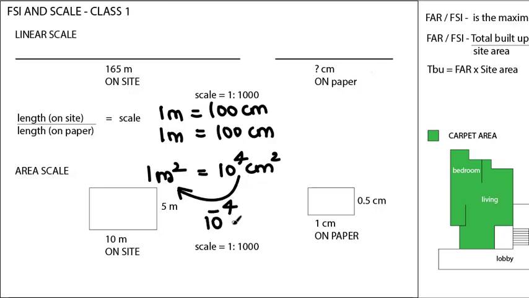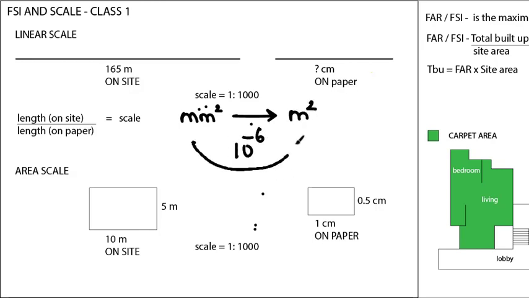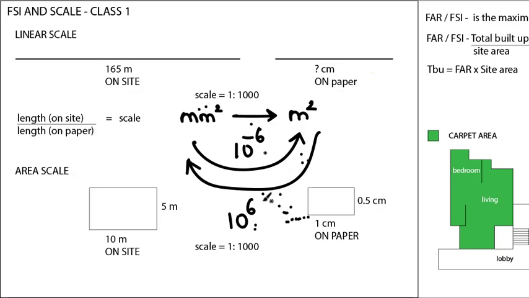So 10 raised to minus 4 meter square is equal to 1 centimeter square. So if you have to convert centimeter square to meter square, you have to multiply with 10 raised to minus 4. Okay. So similarly, you can do it for mm square to meter square. So you have to multiply by 10 raised to minus 6 if you are going this way, and if you are going vice versa, you have to do 10 raised to 6, right? So only the values will change. Okay.